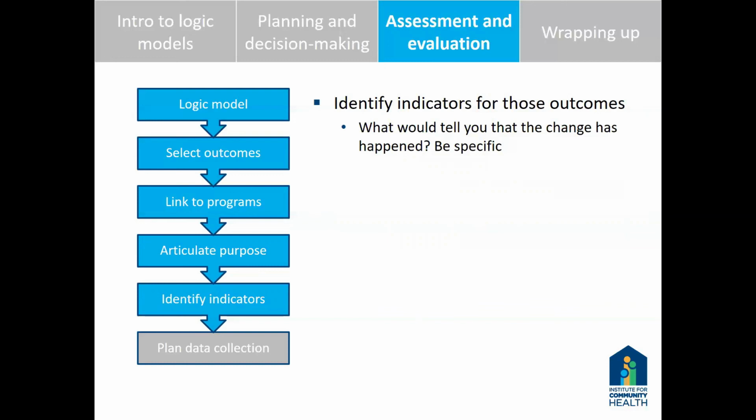And you want to get as specific as possible. And I'll have an example with the Family Support Center in a couple slides just to illustrate what that looks like. But this is starting to really operationalize, taking an outcome, which is generally a sort of higher level statement of change, and then turning it into something that you can actually collect data on.